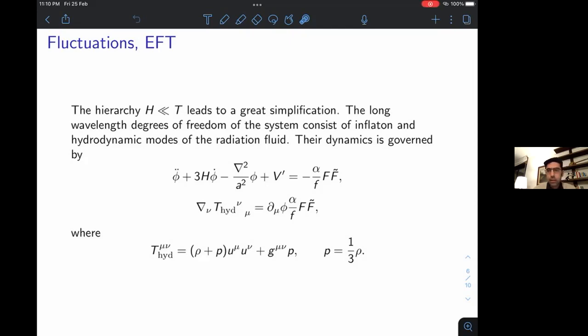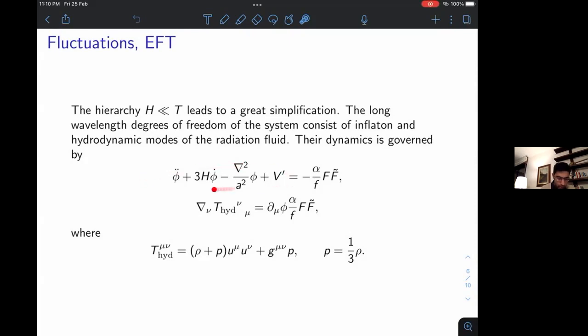The relevant degrees of freedom at this scale are fluctuations of the inflaton and the hydrodynamic fluctuations of the radiation fluid. So what we need to do is to describe the evolution of these fluctuations, which are given by essentially two equations.